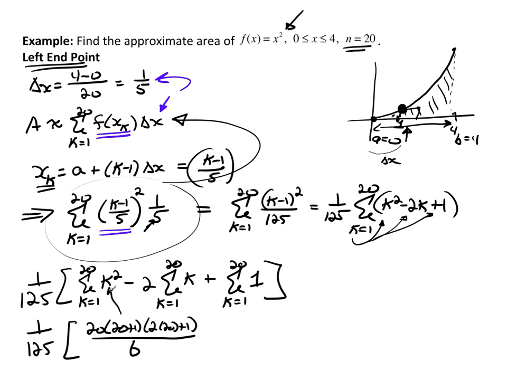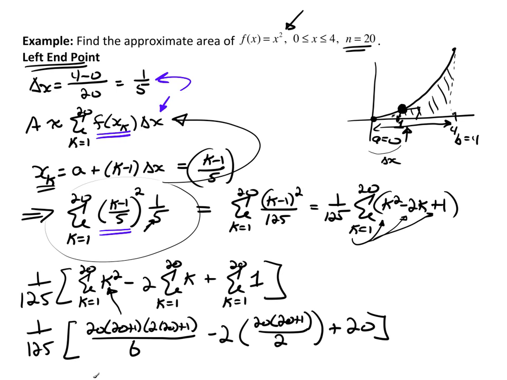That is that piece right there. Minus 2 times k, well, the sum of the first integers is going to be n, which is 20, times 20 plus 1, because it's n plus 1, divided by 2. And then this last one, the sum k equals 1 to 20 of this constant 1 is simply 20 times 1, so that is plus 20.